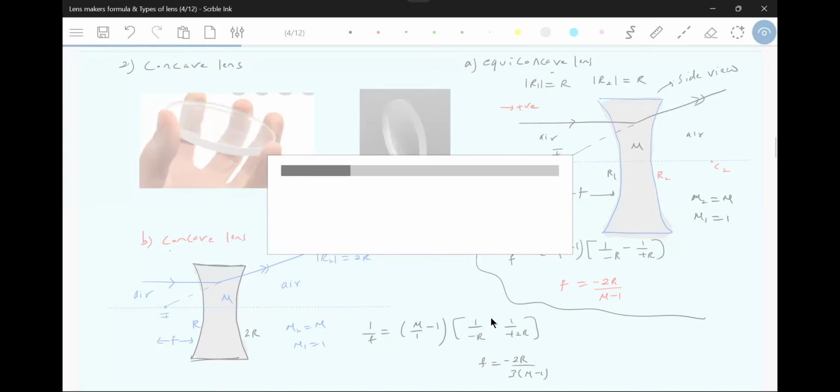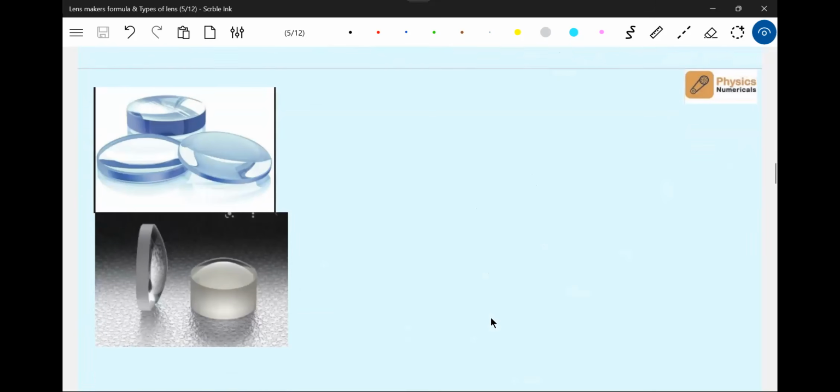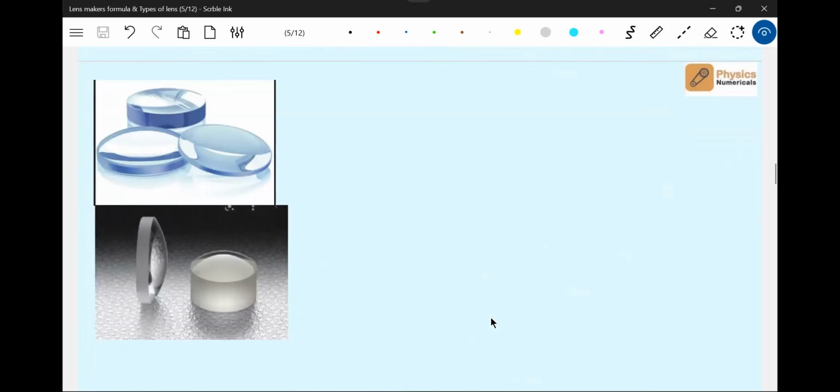Okay, next we'll go for the plano-convex lens. I think this will be very clearly visible. Here is a plane surface, here you have a curved surface. This is a plane.